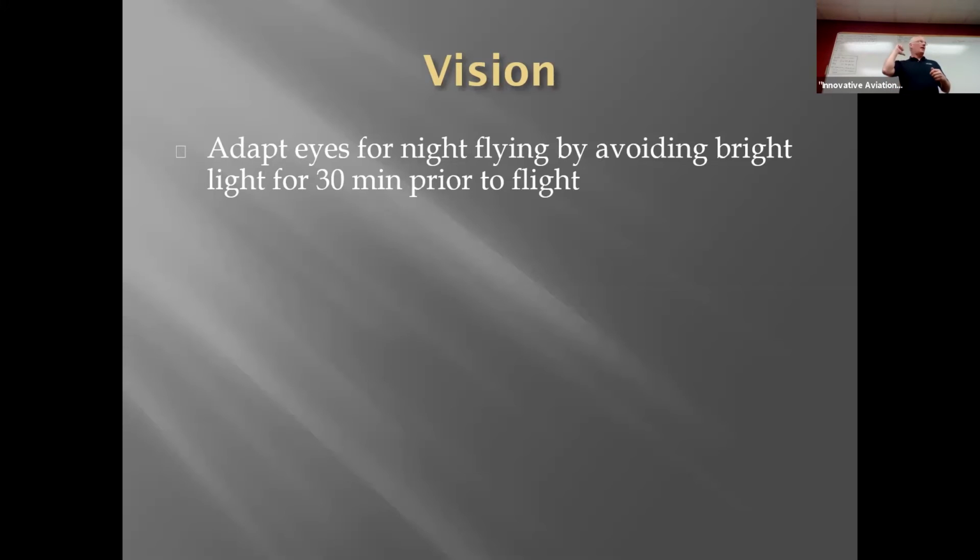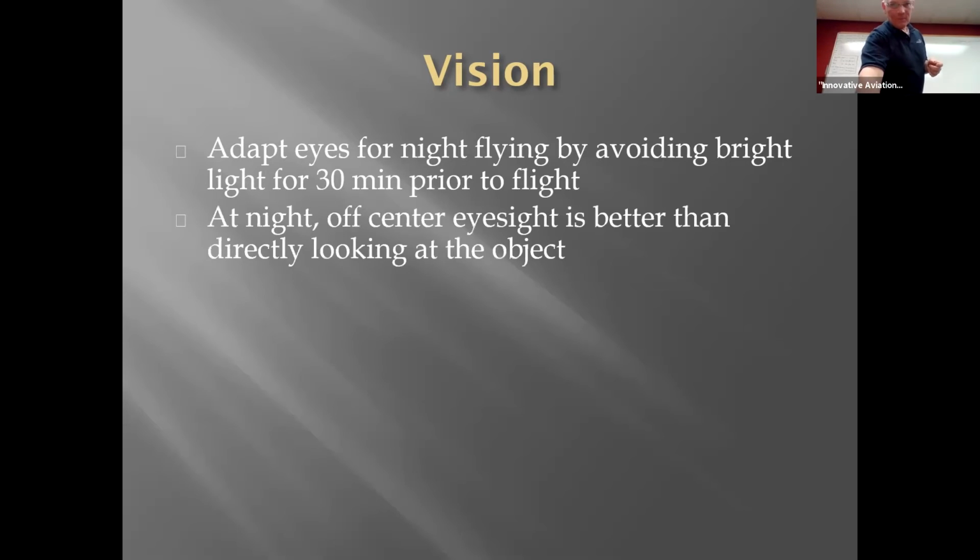If you're in the hangar, you're going to have to wait. So do your pre-flight inside, push it outside, close the door, and now plan on at least 10-15 minutes of dawdling to let your night vision adjust. Okay. Also at night, remember off center. If you look right at something at night, you're not going to see it as well as right off to the side.